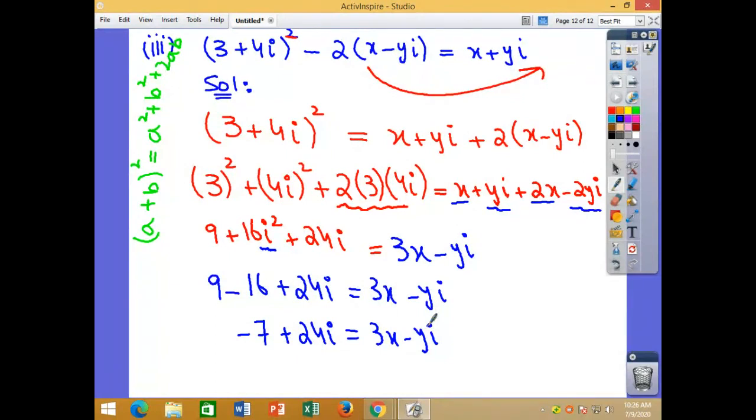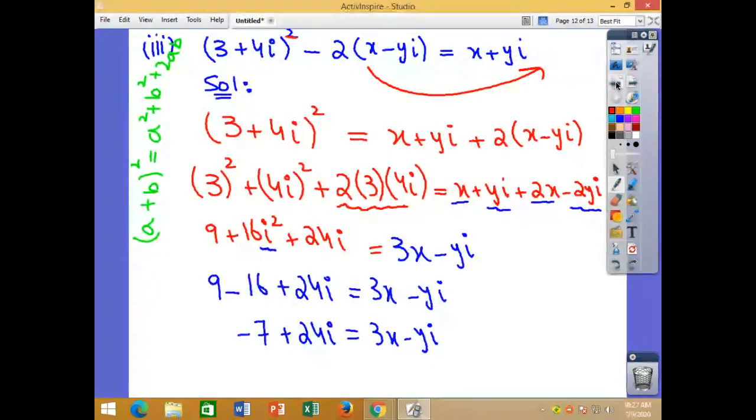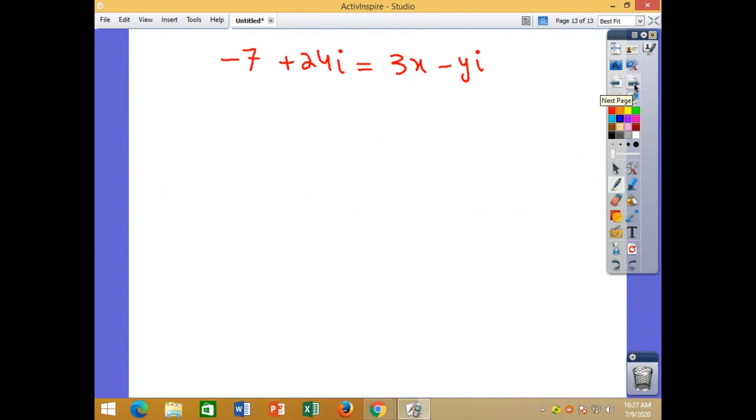On the next slide we again write −7 + 24i = 3x − yi. Here we see that if we equate the real part with the real part, what is the real part on the left hand side?